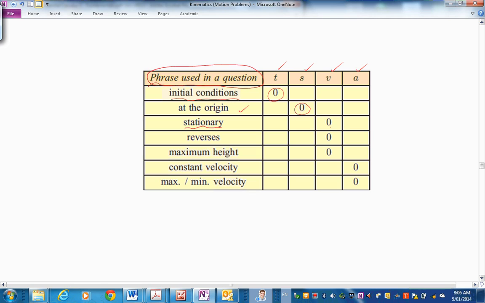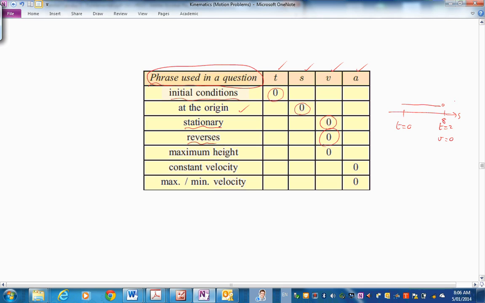Stationary means it stopped, velocity is 0. Reverses also means the body has stopped. Remember the one before, t equals naught, it was at the origin, then t equals 2, it was 8 metres out, and it stopped there, so v would have been naught.